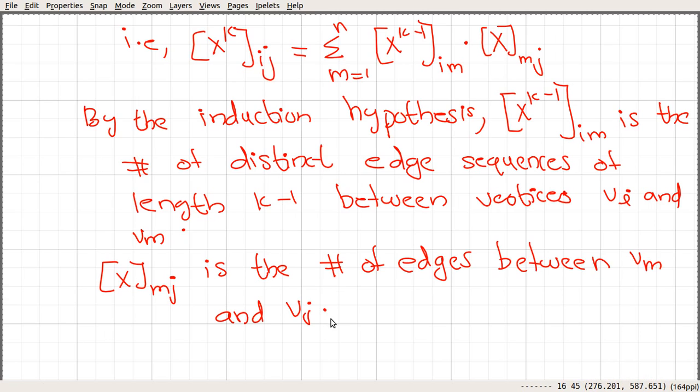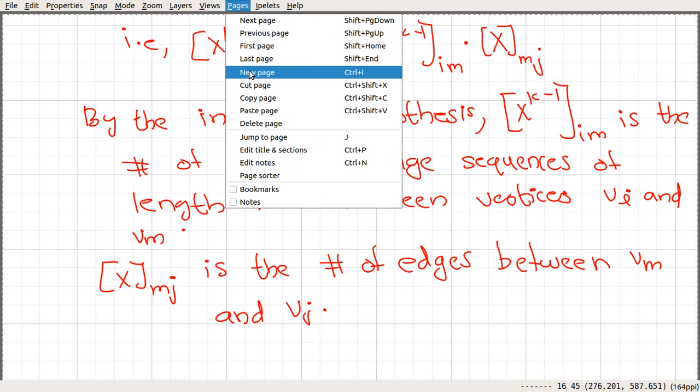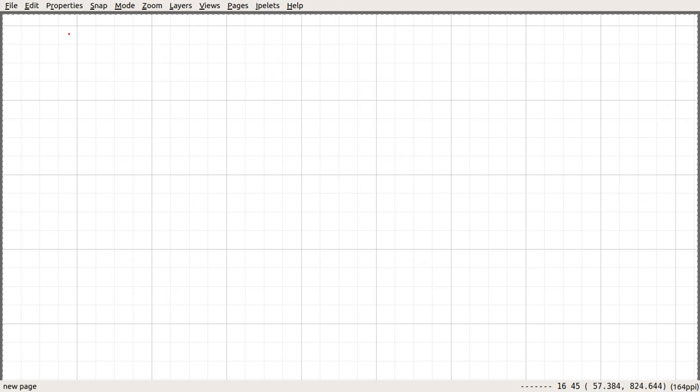So let's look at a fixed m, and then after that we will generalize.